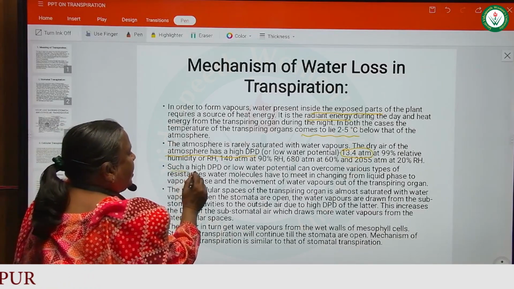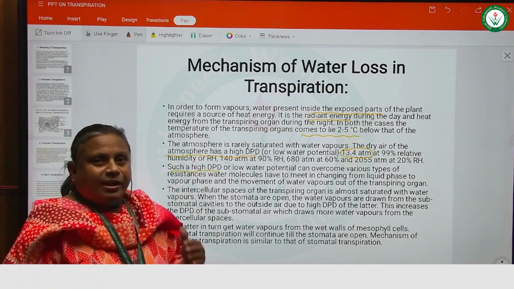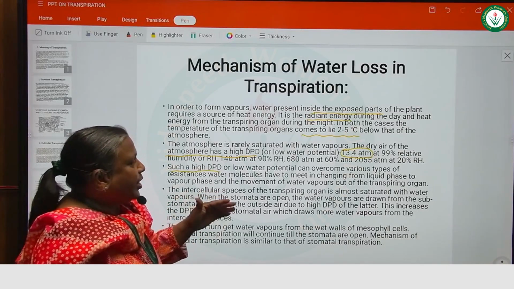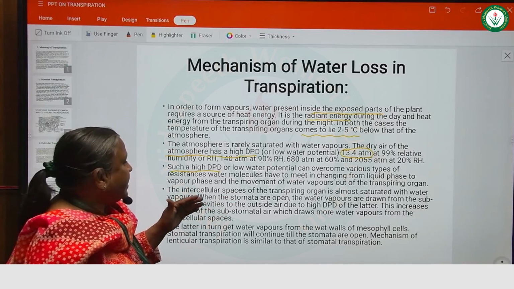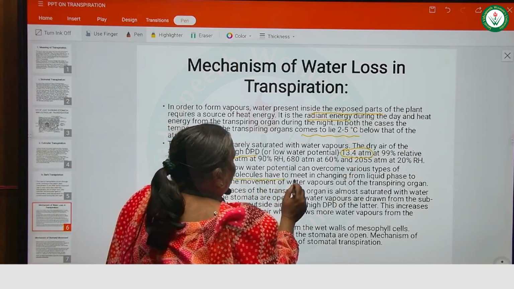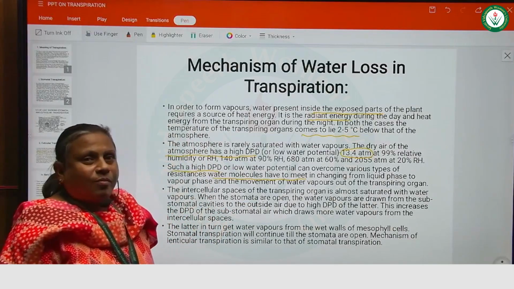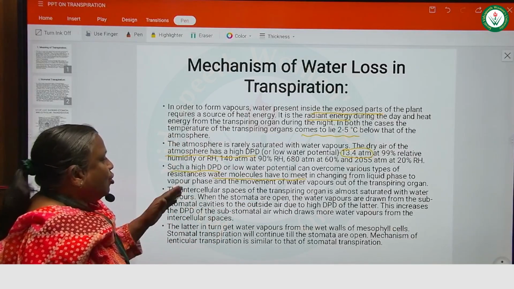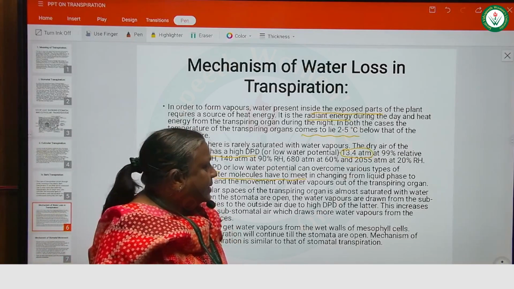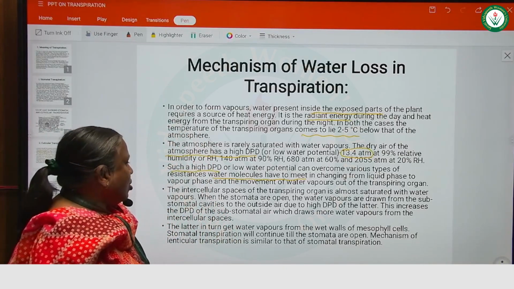Such a high DPD, diffusion pressure deficit or low water potential, can overcome various types of resistance water molecules have to meet in changing from liquid phase to vapor phase, and the movement of water vapors out of the transpiring organ.